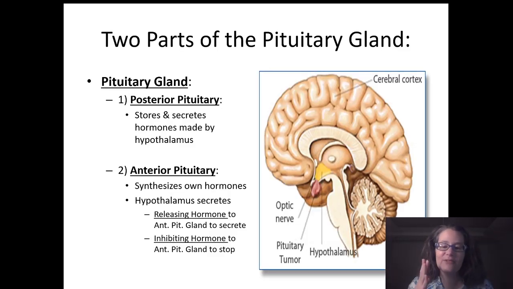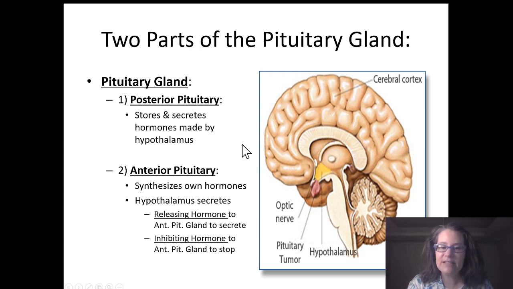Now, hanging down from your hypothalamus are the posterior and anterior pituitary. These are almost like lobes that sort of dangle down. They're very small, and you can see them in this picture. You can see the hypothalamus and then your pituitary. This is showing an enlarged pituitary, with these lobes that hang down.